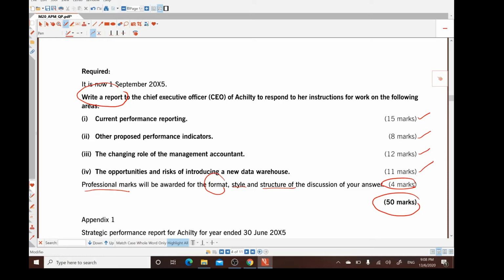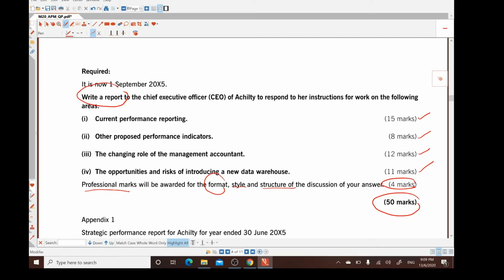So be prepared. For APM, it's very much about how to apply your knowledge to the case study or the questions, by quoting examples, for example, by the use of models. All these are important and required, okay?